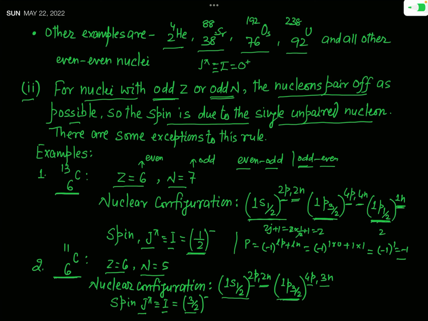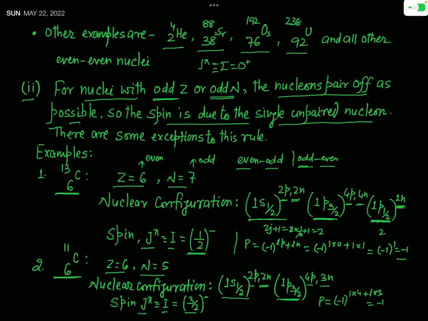And again, if you find the parity of this nucleus, what will that be? Parity will be minus 1 raised to the power L times P. Again, the last subshell is p, so L will be 1, and P is equal to 4 plus 1 into 3.